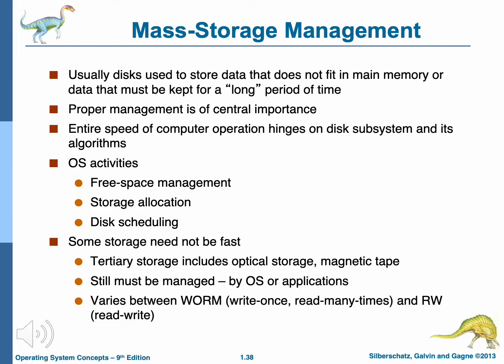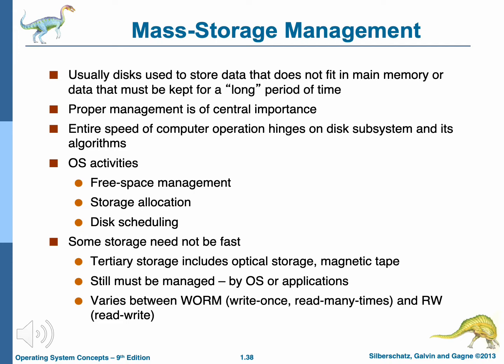Mass storage management. As we have already seen, because main memory is too small to accommodate all data and programs, and because the data that it holds are lost when power is lost, the computer system must provide secondary storage to back up main memory.